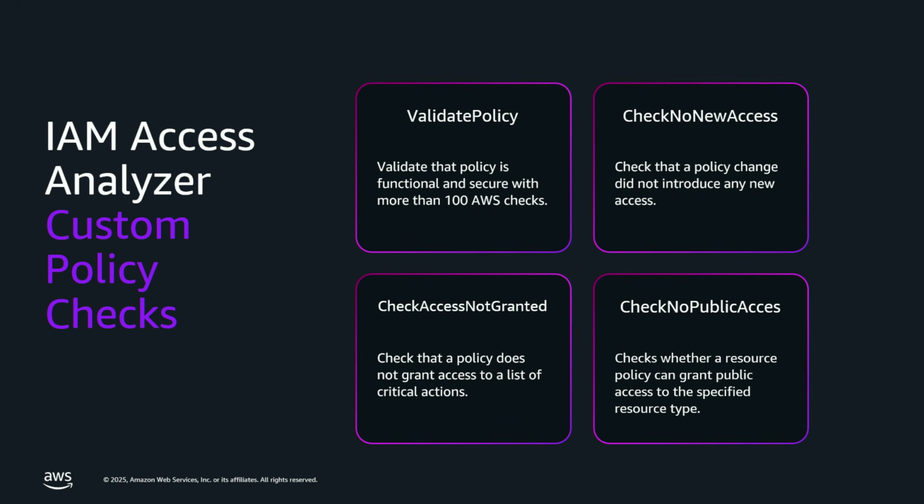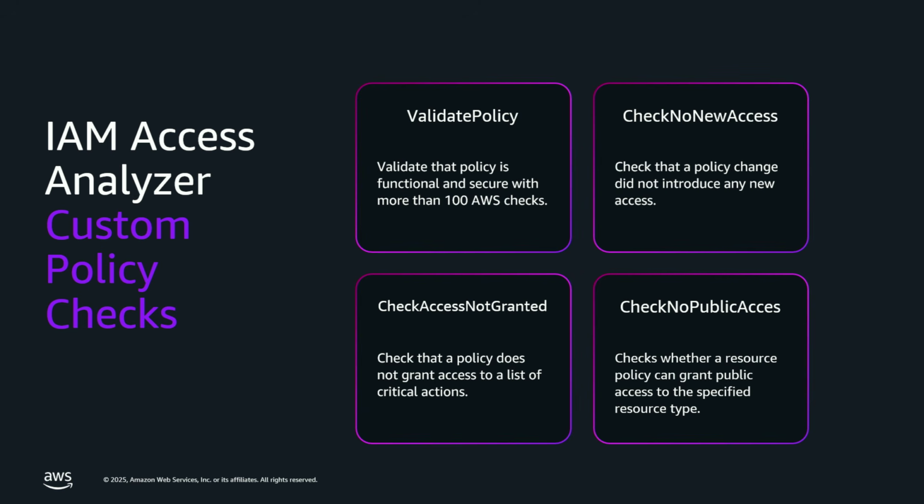One of the other features of Access Analyzer beyond External Analyzer is custom policy checks. So these are four stateless APIs that will use automated reasoning, or a variation of that, to help you answer questions about policies that you want to check.